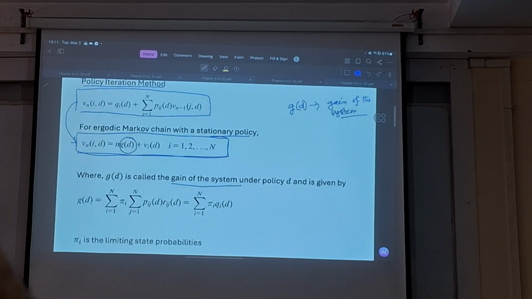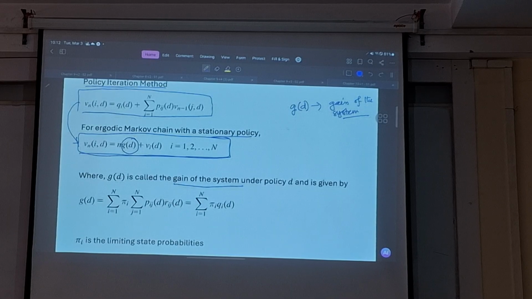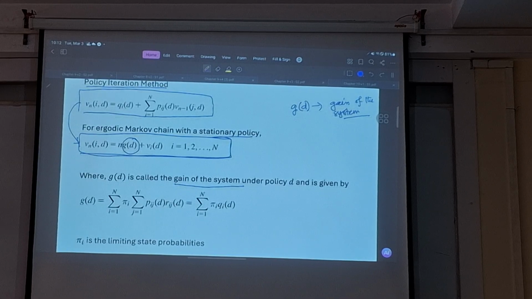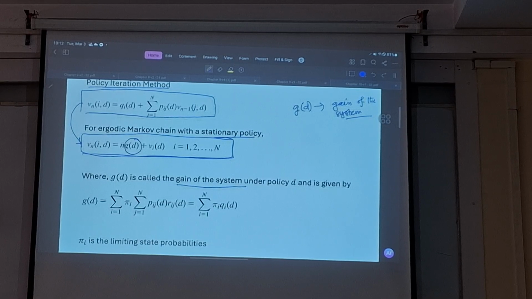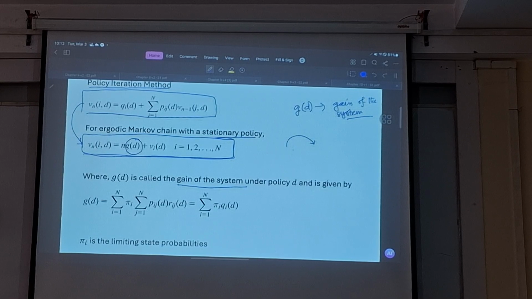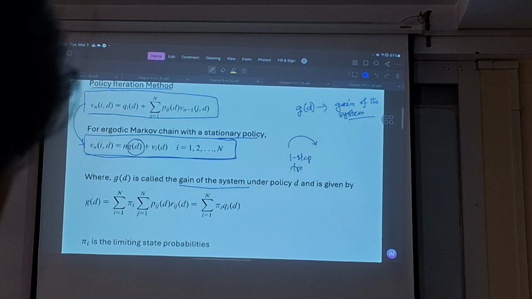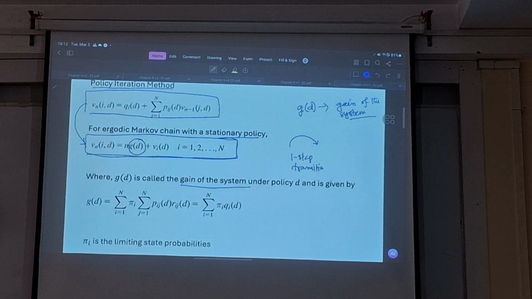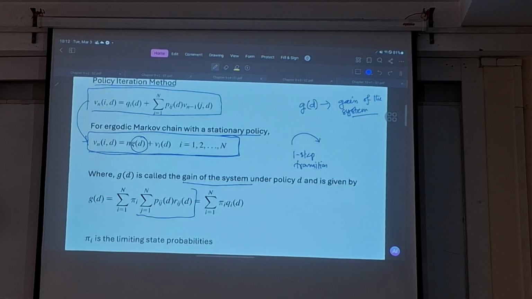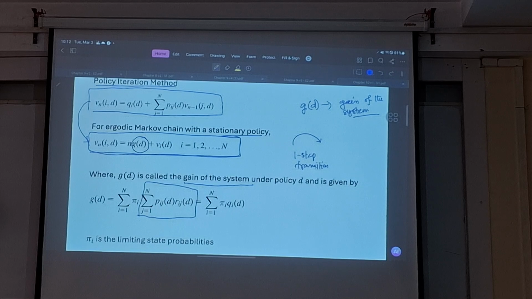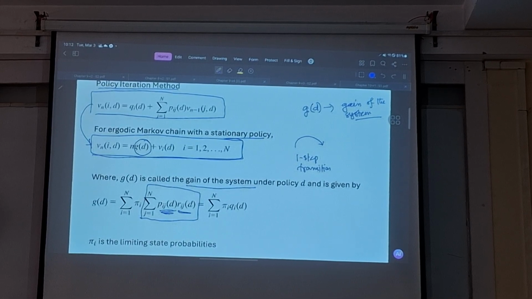The gain of the system is defined as the long-term average reward that the process can obtain in one step transition. Previously, we calculated the one step transition this way: the transition probability and the reward.